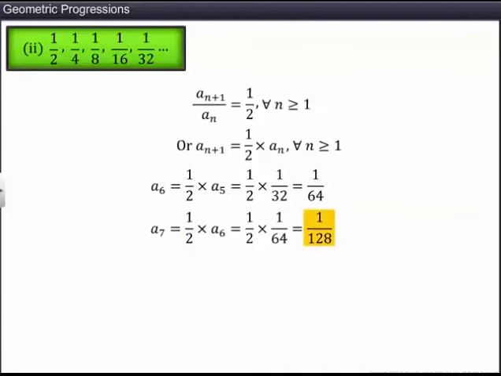Such sequences, where each term, except the first one, can be obtained by multiplying its preceding term by a non-zero constant, are called geometric progressions.